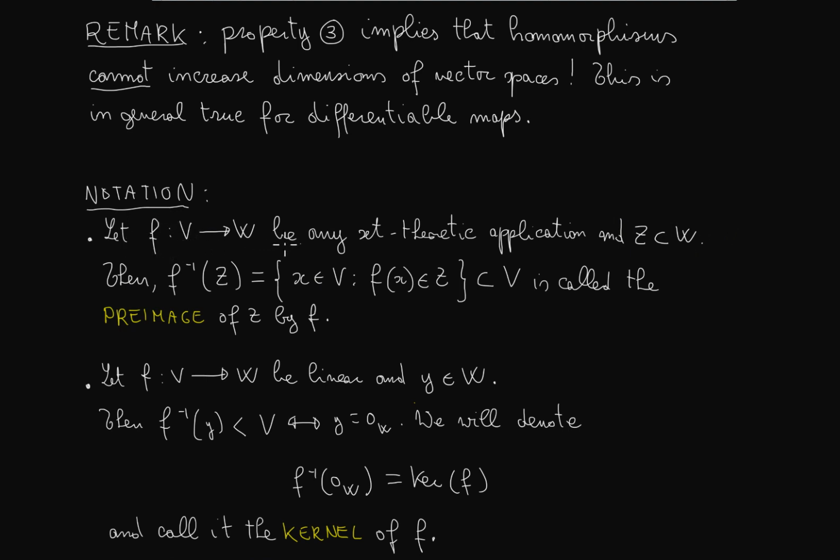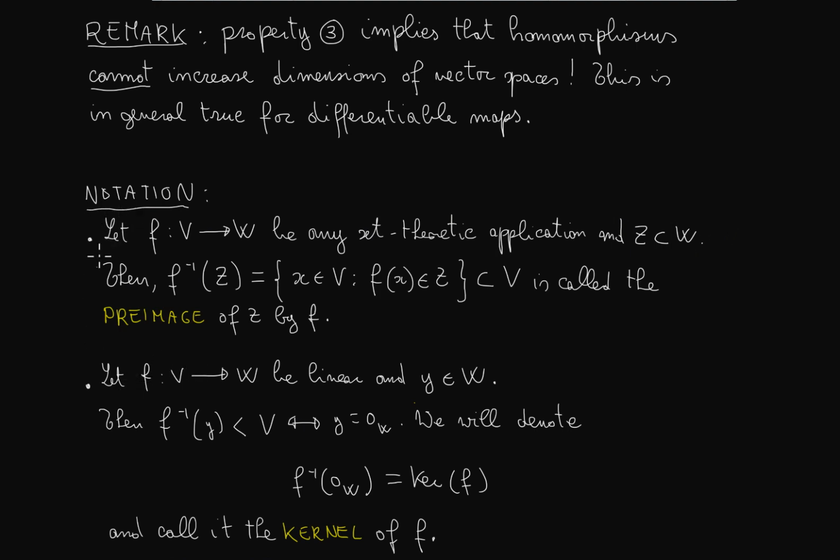Let f be any set theoretic application and Z a subset of W. Then the pre-image of Z by f, so we are talking about a subset of V, is defined to be the set of all the x's in V whose image through f is contained in Z, and this is a subset of V. We call this the pre-image of Z by f. We just used this notation and this word a few minutes ago.